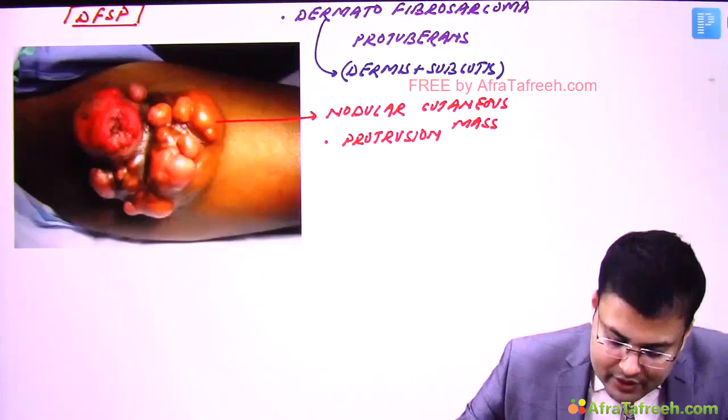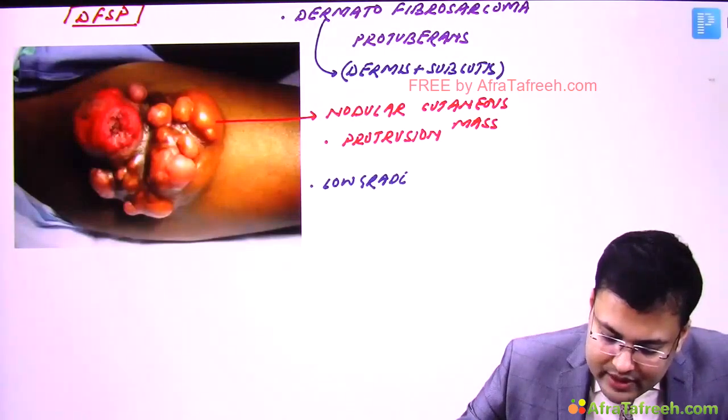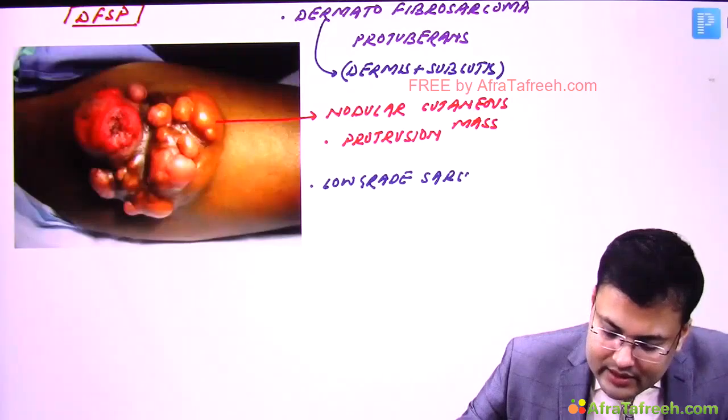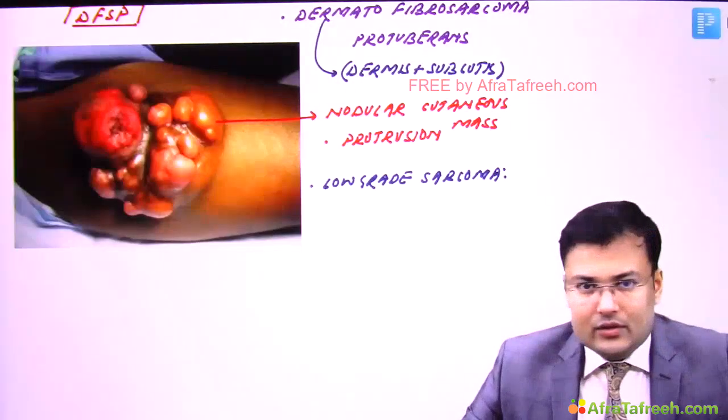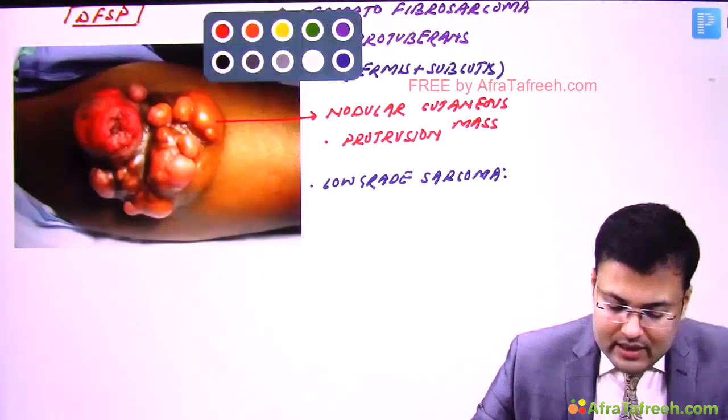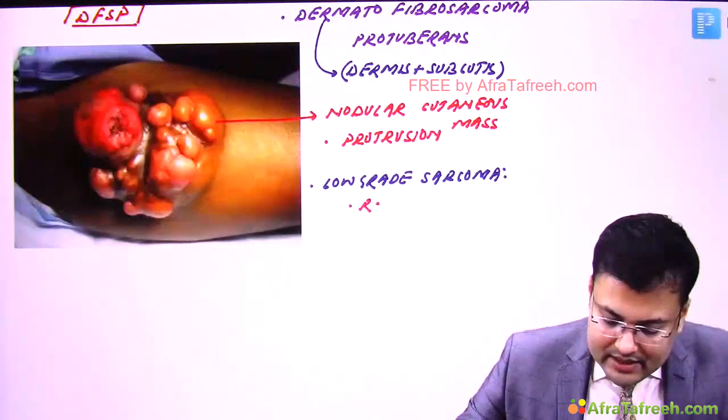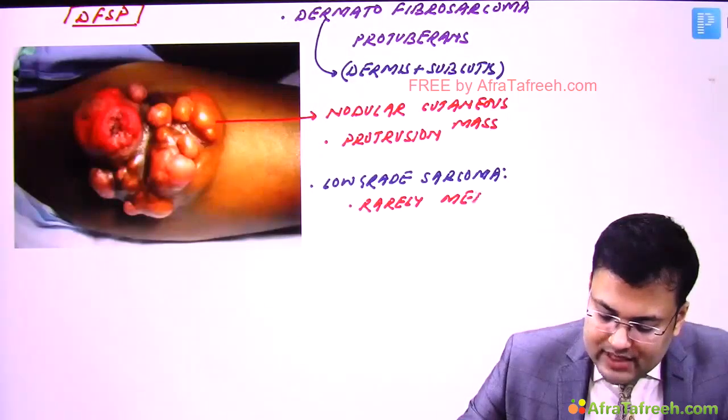And since it's a low-grade sarcoma, metastasis is rarely seen. So in low-grade sarcomas, metastasis is rarely seen. Rarely is it going to metastasize.